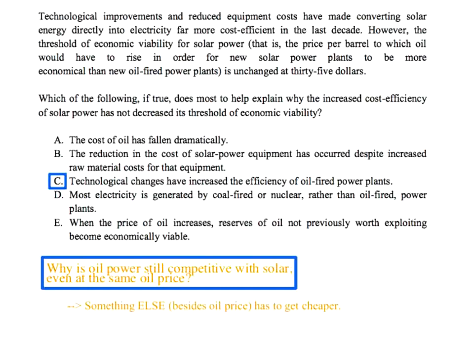Because increased efficiency means that the oil itself doesn't have to get any cheaper, because the processes that fire oil and create power are getting cheaper. So solar gets cheaper, but processing oil also gets cheaper, according to choice C. So even if oil itself doesn't get cheaper, this will still explain what is happening here.